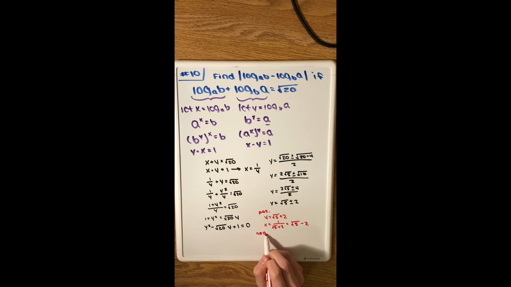And if y is the negative version, you know that y is equal to radical 5 minus 2, which means x is 1 over this value, which reduces to radical 5 plus 2. So we get y is equal to radical 5 plus 2, and x is equal to radical 5 minus 2, and y is equal to radical 5 minus 2, and x is equal to radical 5 plus 2.